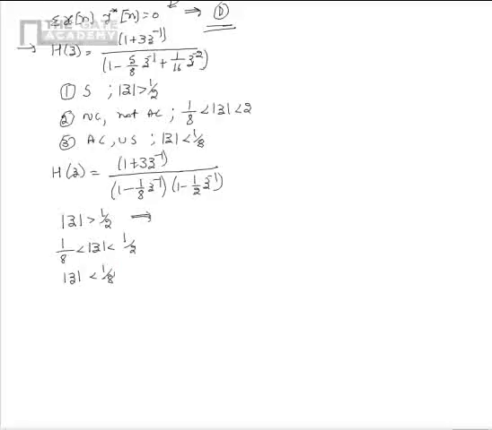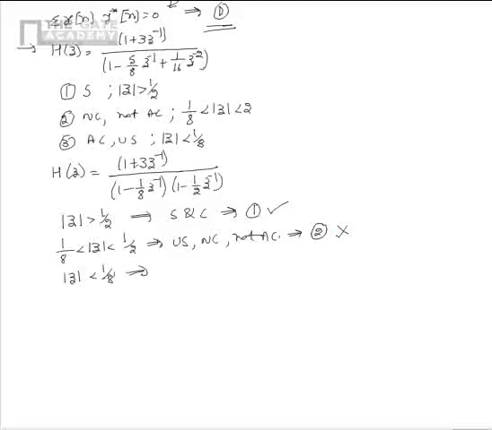From this we see that in case of the first ROC, the system is stable and causal, so statement 1 is correct. In case of second ROC, we see that the system is unstable and non-causal and not anti-causal, but the ROC given in statement 2 is not correct, as ROC is not bounded by poles in this case.